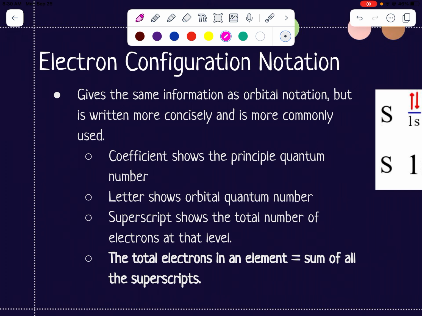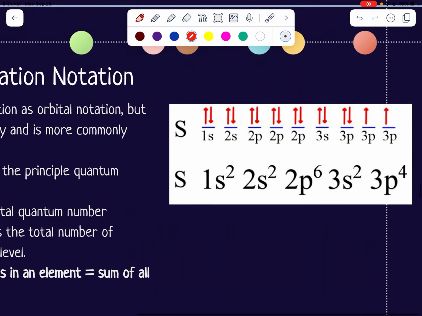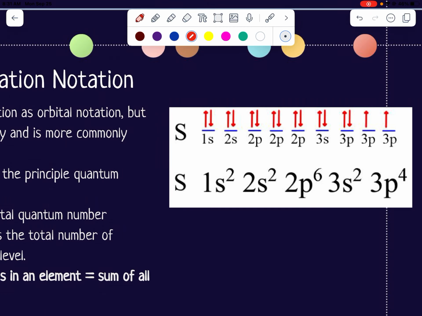We are still going to show the sublevel with a coefficient and a letter, like 2s or 3p, etc. But then we are going to use a superscript to show the number of electrons in that level. So instead of blanks and arrows, we are going to show a simple number to show how many electrons are in that level.